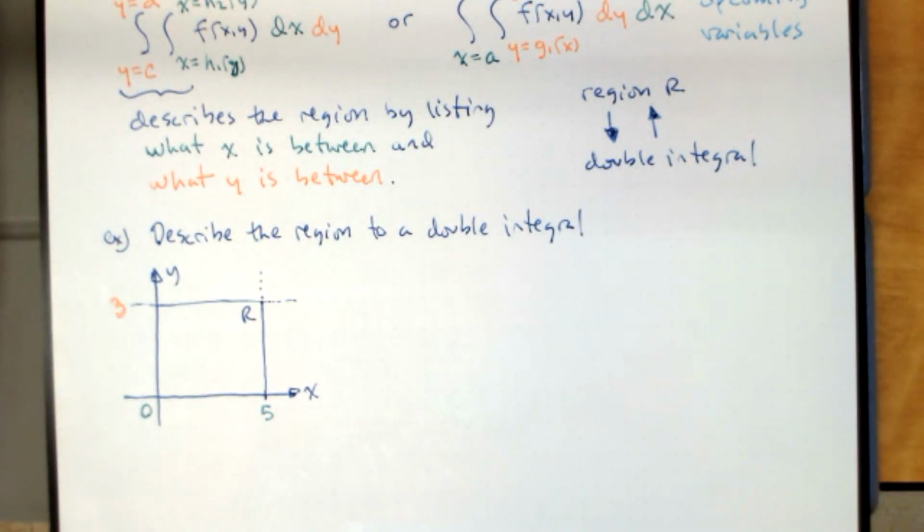We're going to describe the region by saying what x is between and what y is between. And this is the simplest case. x goes from 0 to 5, and y goes from 0 to 3.